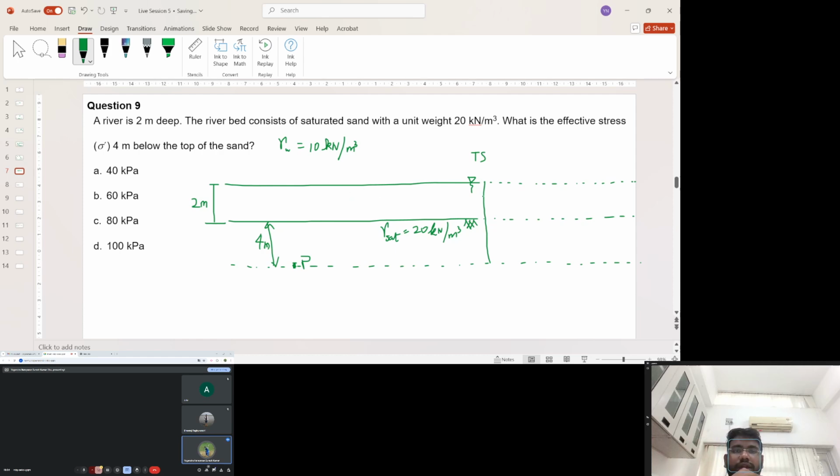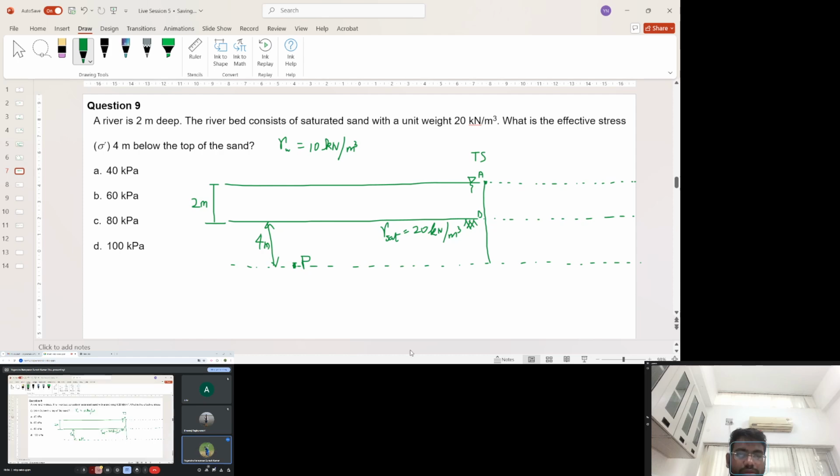Consider points A, B and point P. At A it will be 0, right? Any doubts? No, sir. Okay. And at B, it will be 20 kPa, the pressure due to the water column, which is 10 into 2, right?